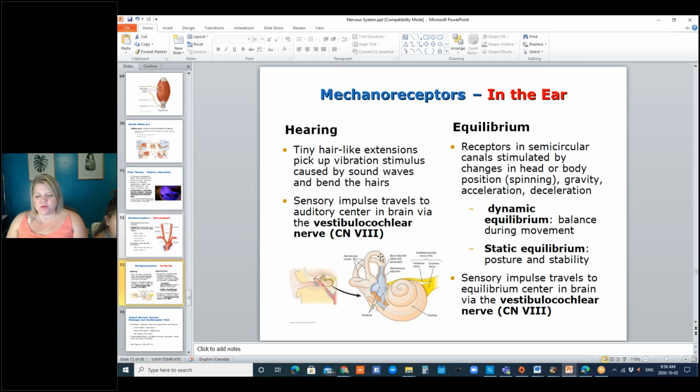So really there's fluid in your semicircular canals, and there are little ear stones called otoliths floating around in this fluid, and they monitor body position, so your head spinning mostly, gravity, acceleration, deceleration.